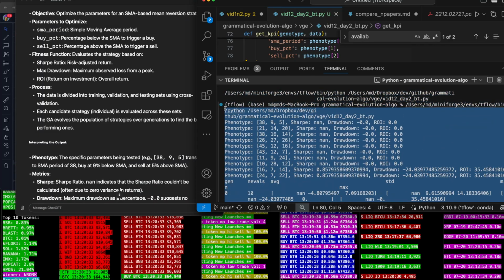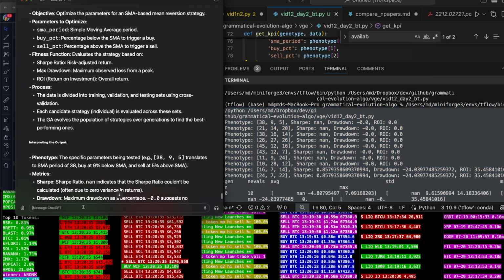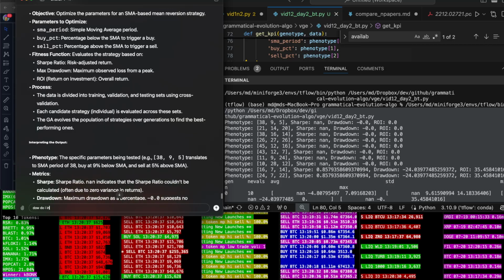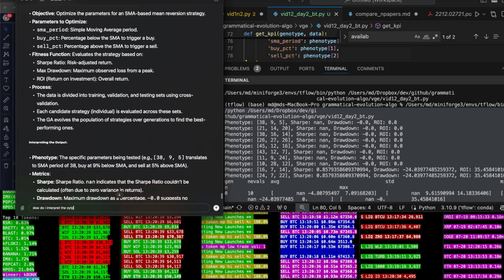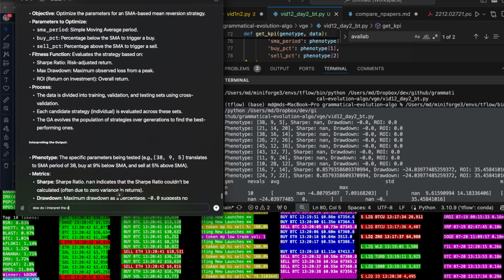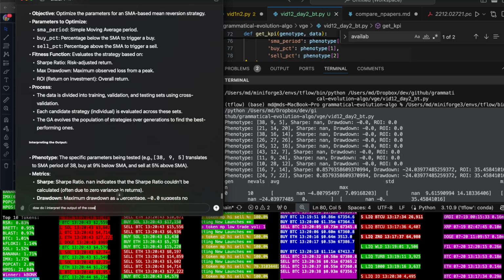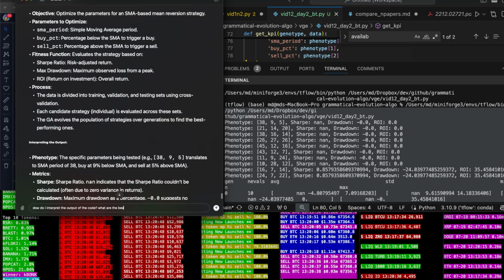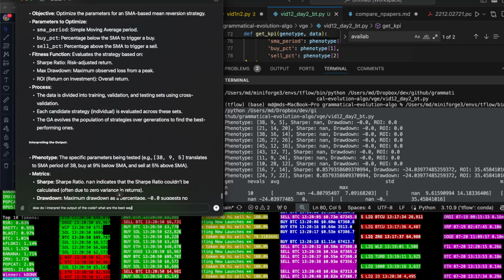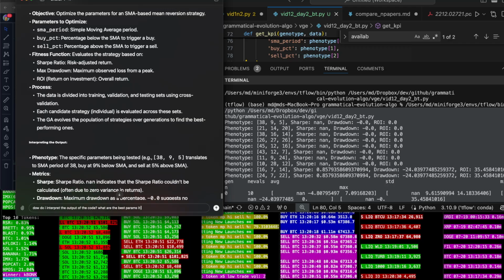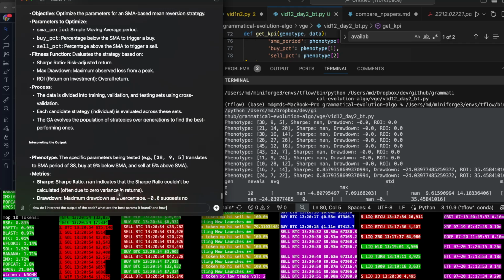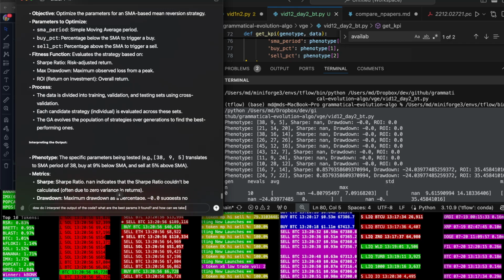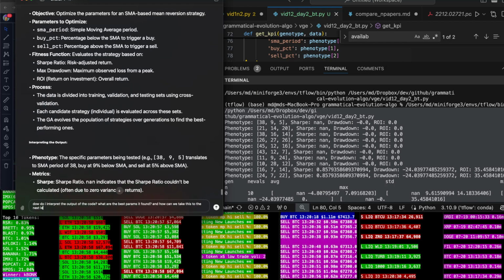How do I interpret this, the output out of the code? What are the best params it found, and how can we take this to the next level?